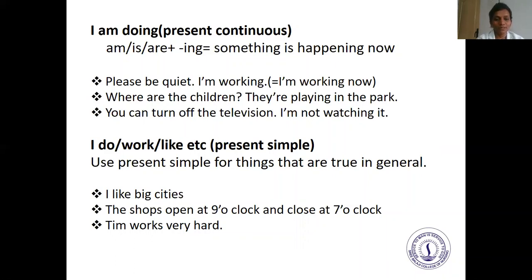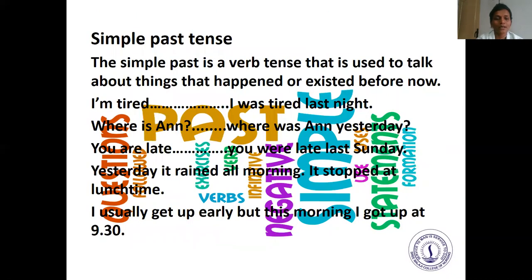And present simple is used to express things which are true in general, like I like big cities. He works very hard. And simple past is the past form of the verb. We have seen some examples, like I'm tired, I was tired.